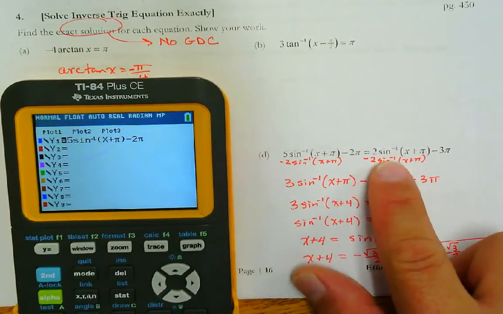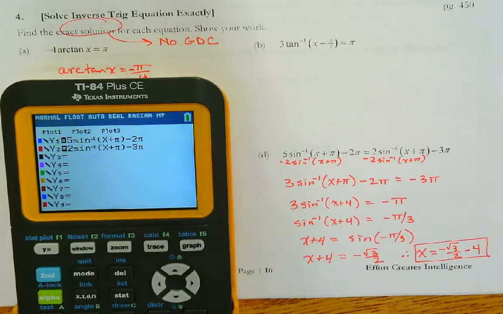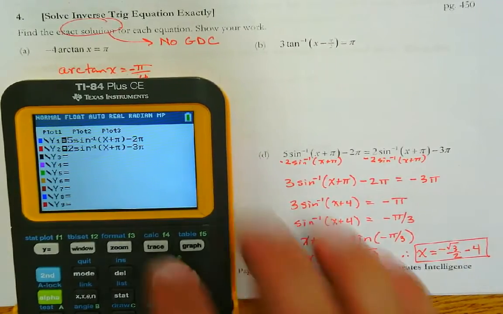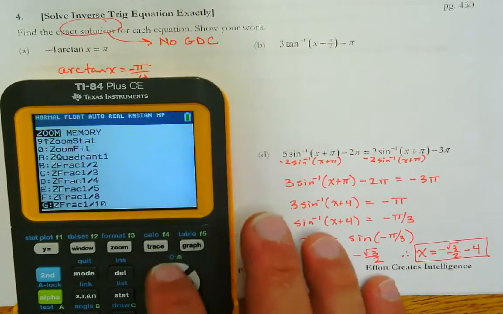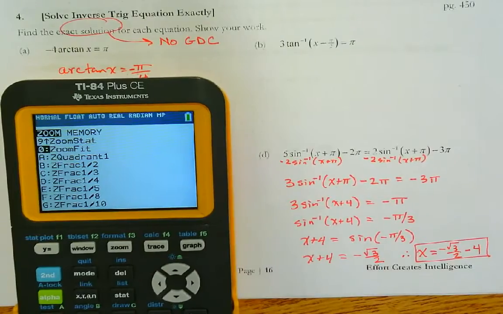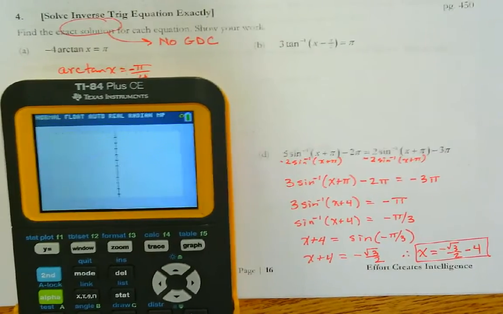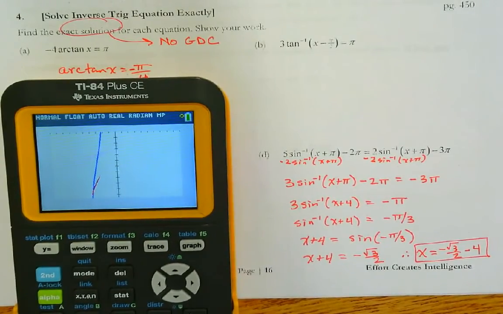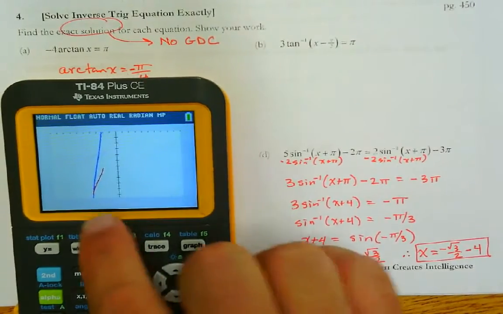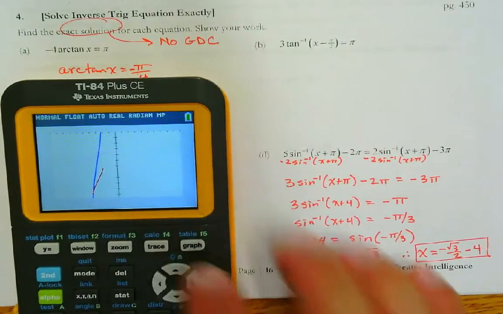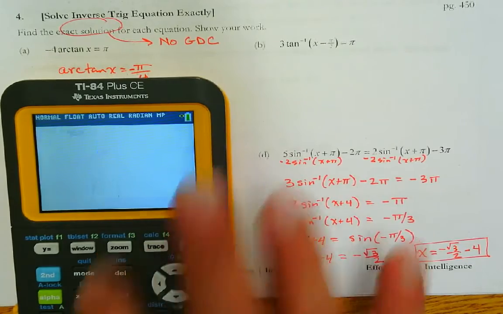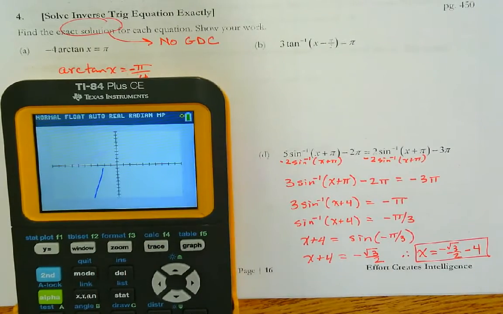And graph the next equation. Alright, so I've got my two equations in. If I go to zoom 0, right, it'll look to fit my graphs where they most likely intersect, right? And I can see right down here that they intersect. Okay. Of course, I could also just do zoom 6, which is my standard zoom.